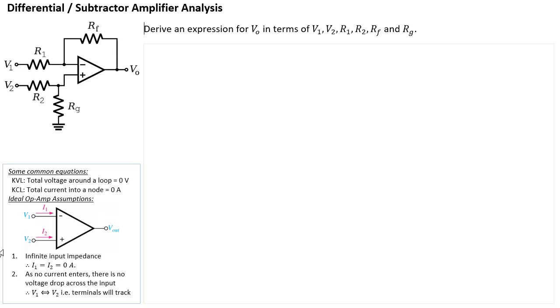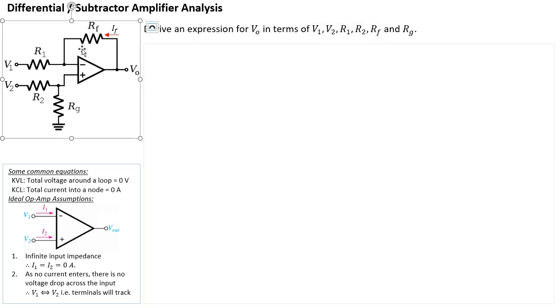As usual, the first thing we do before we analyze any circuit is to label currents and voltages if they're not there yet. First, let's have a look at the current that is flowing through RF. Here I'm just calling it IF. That current would flow from VO through RF, and when it gets to this junction, because of the first assumption, there won't be any current flowing into the inverting terminal.